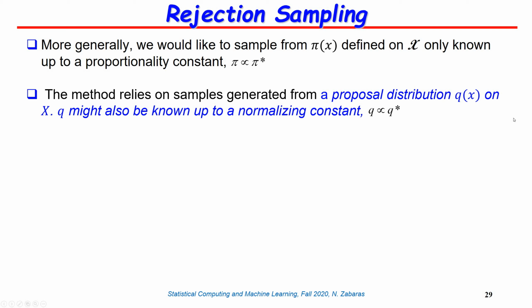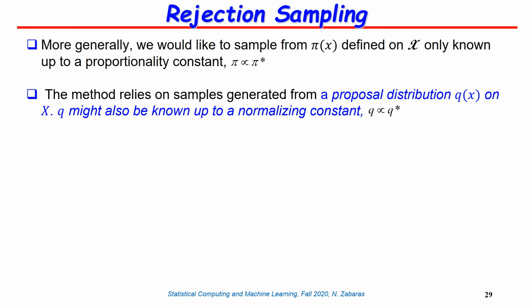So for now, we're going to sample from some other distribution q of x. We call it the proposal distribution. And let's assume also that q is known up to some normalization constant. So we really know only q star and not the normalized q.